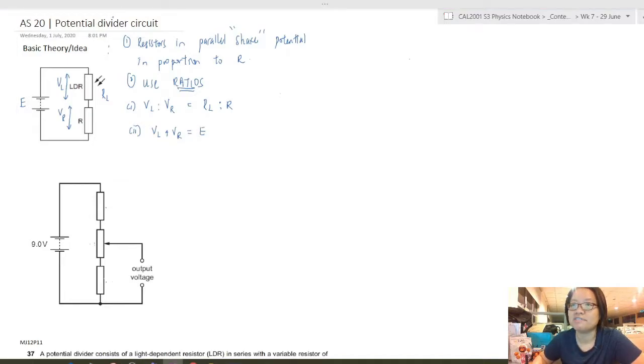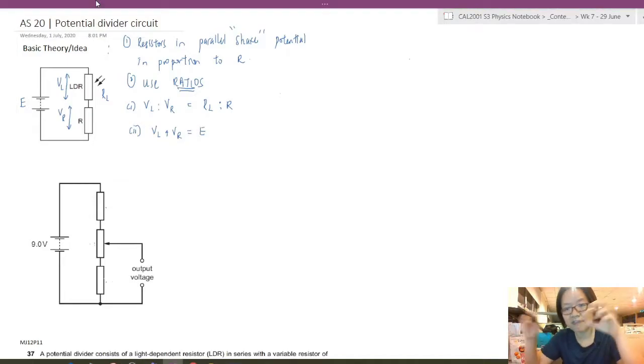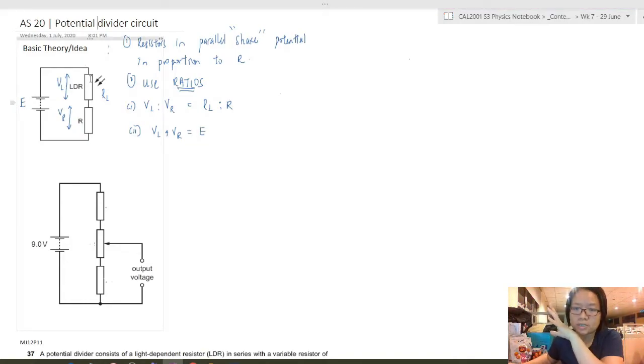So a potential divider circuit is meant to divide the potential. This happens whenever you have two resistors in series, like so. For example, in this particular circuit, you can see there's an LDR. The LDR here is in series with another external resistor. They can put anything, okay? Don't worry, as long as it's a resistor, you've got this.